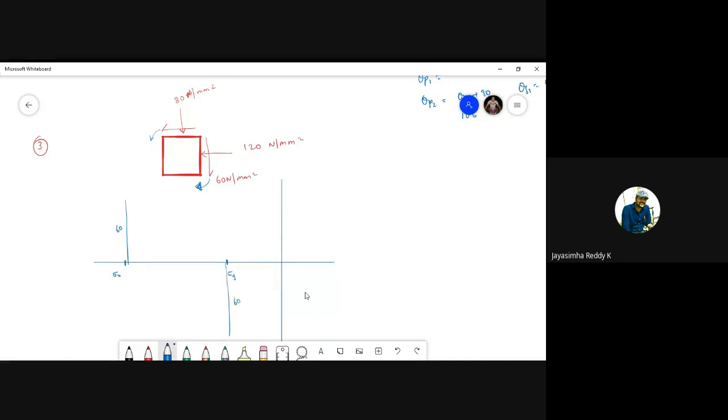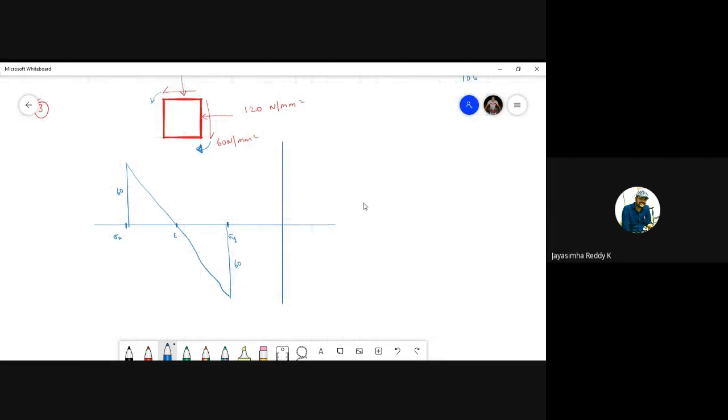After doing this, we have to join these two lines. So we'll get a point E. So with E as center and this as radius, we have to draw the circle.